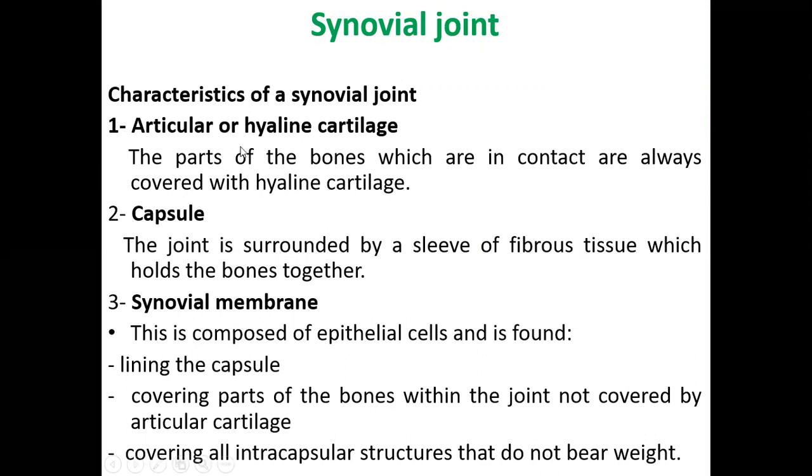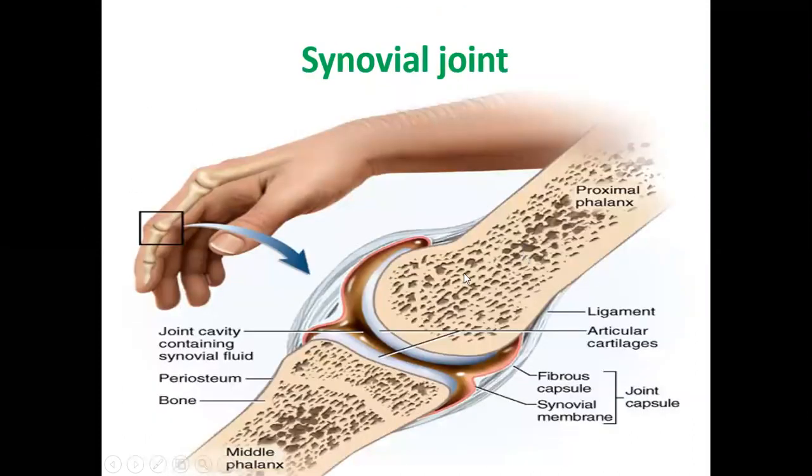There is articular or hyaline cartilage. If you see here, two bones are coming in contact, and this is called the joint. The part which is in contact is covered by a cartilage, called the articular cartilage.